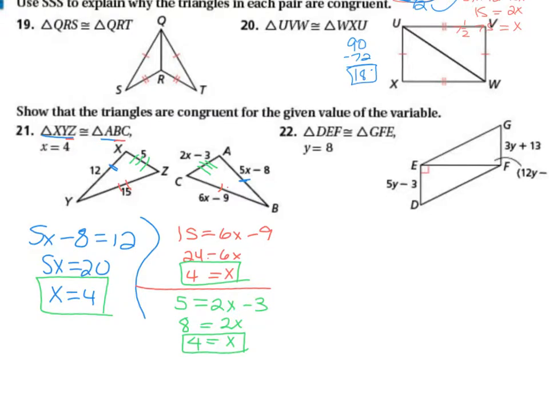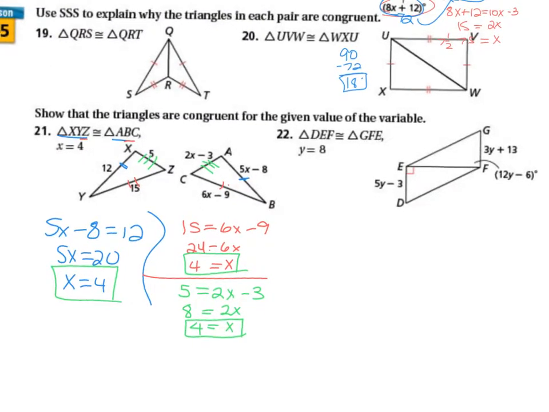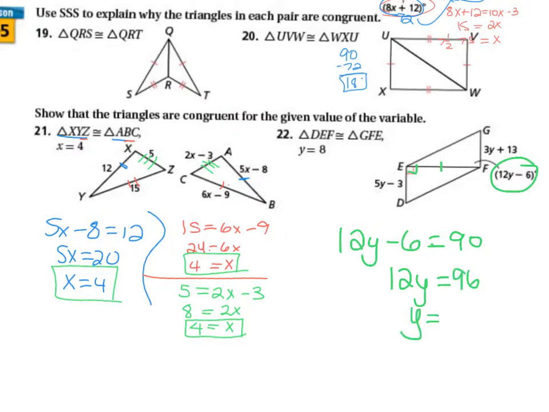And then 22, you've got your right angle marked here. You've got a reflexive side marked here. And then this side, this would have to be 90, because those angles would have to be the same. And these would have to equal each other.